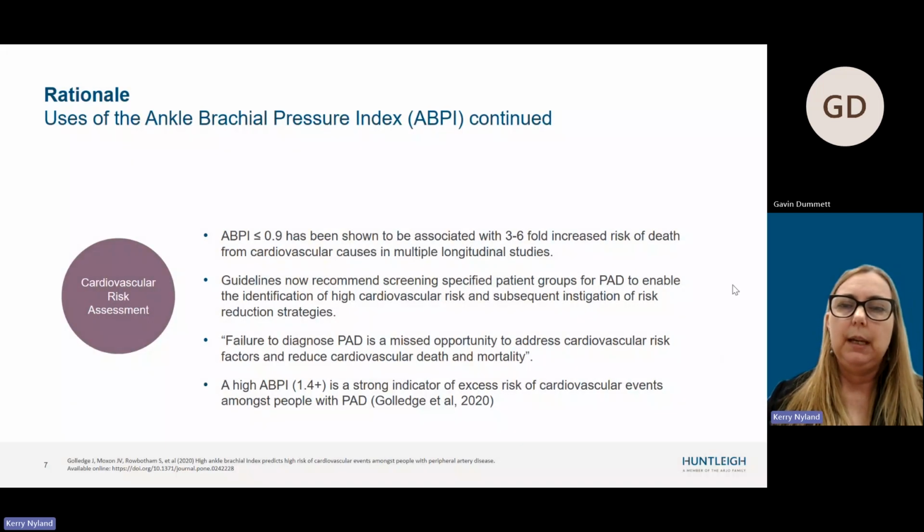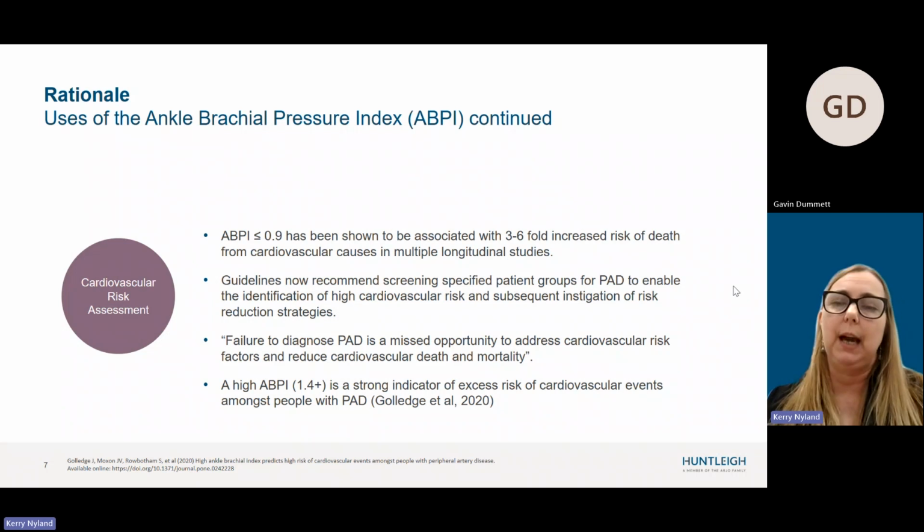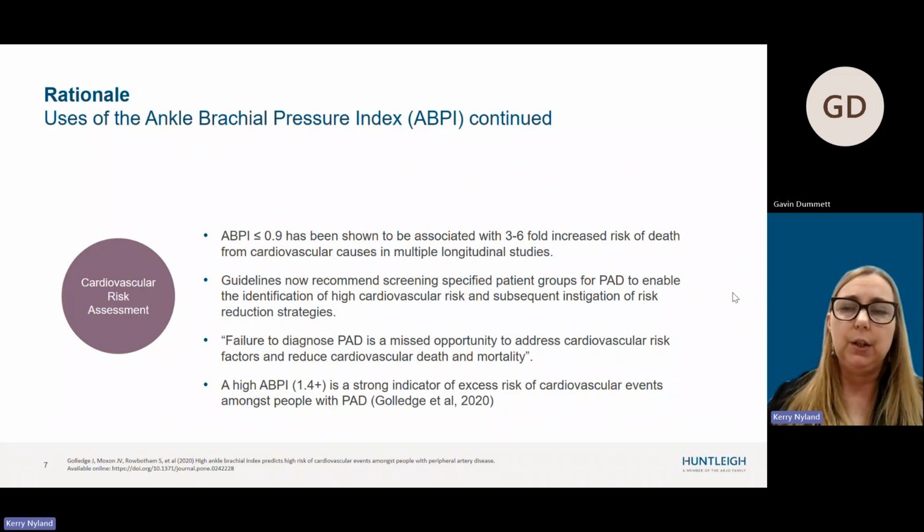So the ABPI is now also increasingly recognised as a marker of cardiovascular risk. If your leg arteries are furred up, it's likely that the other arteries are too. Atherosclerosis is systemic, so hence these patients are at higher risk of heart attacks and strokes. So the sooner you can recognise that, the sooner you can look at meds management, getting them on an antiplatelet, statin, managing any hypertension.